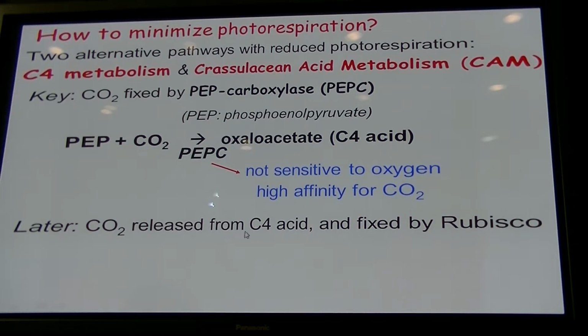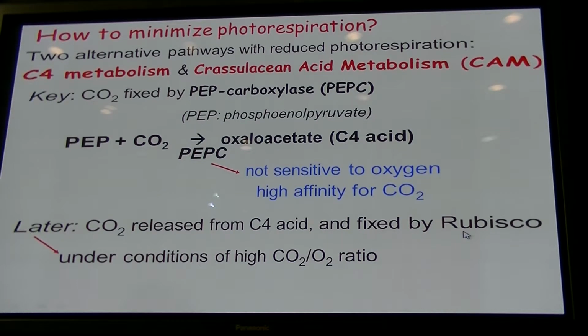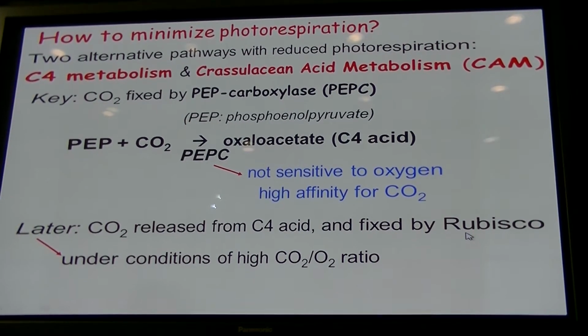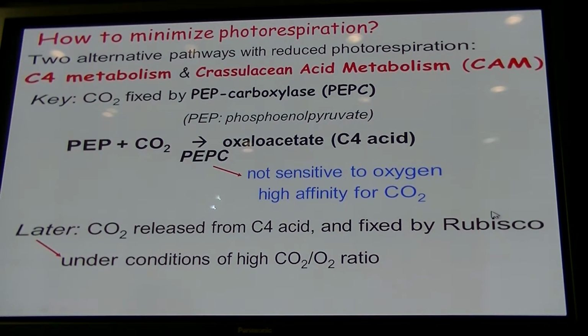CO2 has to be released and then is later fixed by the Rubisco enzyme. What then happens is at the site of Rubisco there's now a much better ratio of CO2 over oxygen. So these are CO2 concentrating mechanisms.